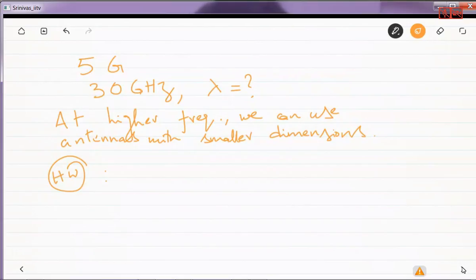How do you communicate underwater? Like two submarines, how do they communicate? Or if you are doing marine archaeology or whatever. If you want to communicate underwater, operating at low frequencies is preferred, not at higher frequencies.